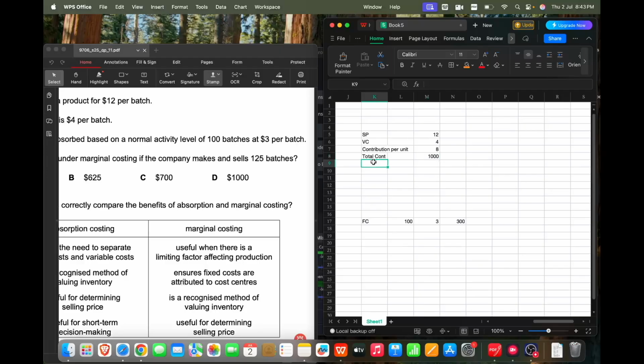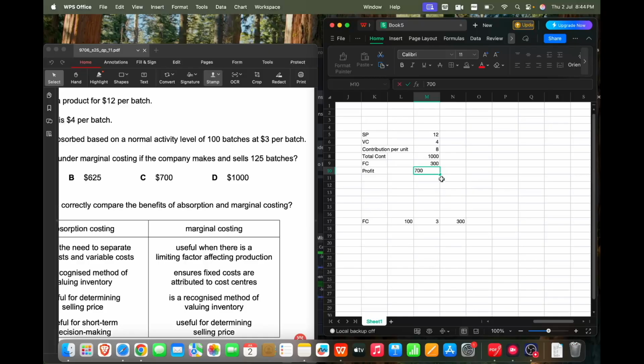So from the total contribution, if I subtract fixed cost, which is 300 we got, then the difference is our profit as per marginal costing. So selling price minus variable cost will give you contribution, and if you multiply that with the total output, it will give you total contribution, and from that total contribution, when you subtract fixed cost, you will get profit. It is 700.